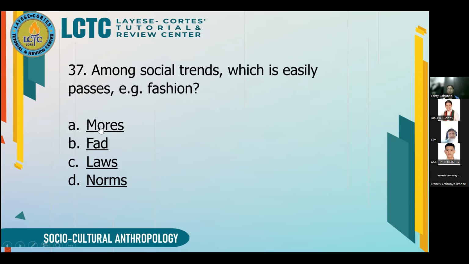Okay, but what are mores? Mores are moral standards that determine right and wrong. They are not social standards or folkways.